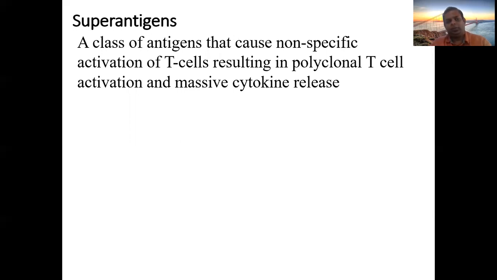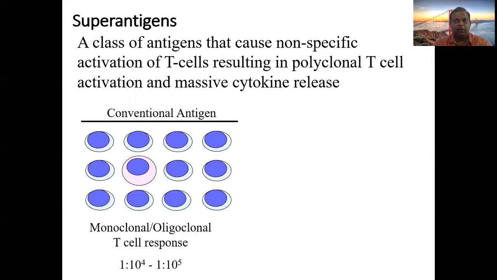Superantigens are a class of antigen that causes non-specific activation of T cells, resulting in polyclonal T cell activation and massive cytokine release. In the usual process, once a normal antigen is there, it specifically activates only several T cell families, a monoclonal or oligoclonal T cell response, about one in 10 to the power 4 or 10 to the power 5.